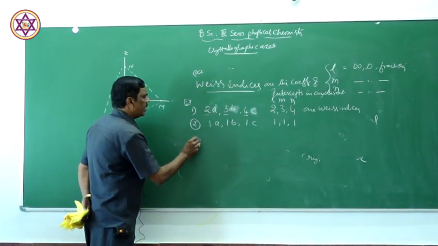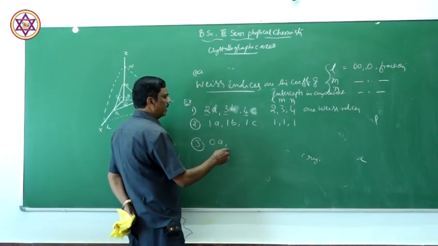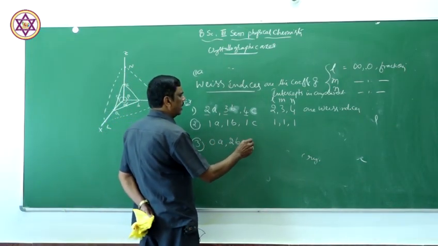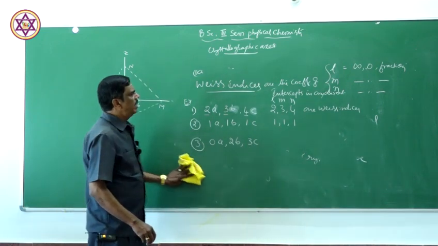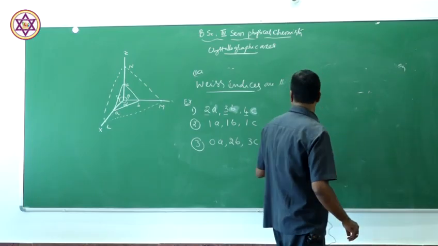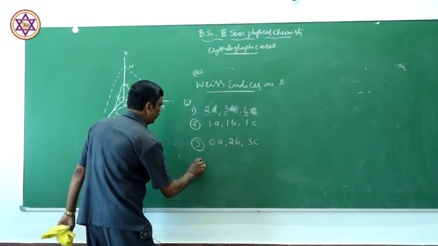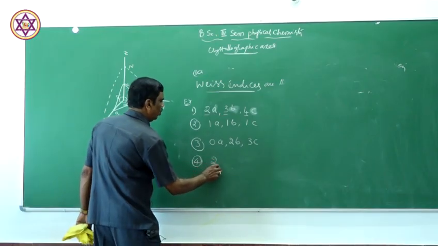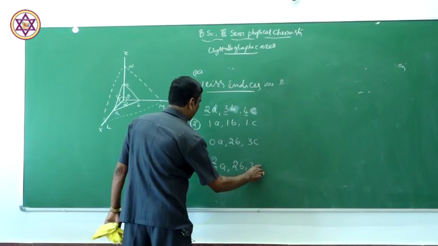Sometimes it may be 0a, for example, 2b and 3c. Sometimes it is 0. In some cases, it may be a fraction, like 2 by 3a, 2b, 3c.